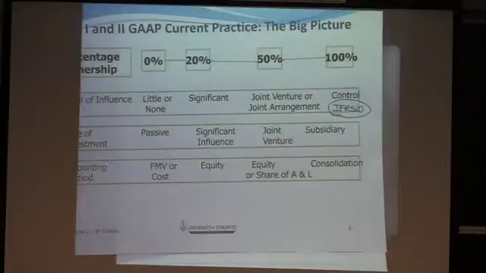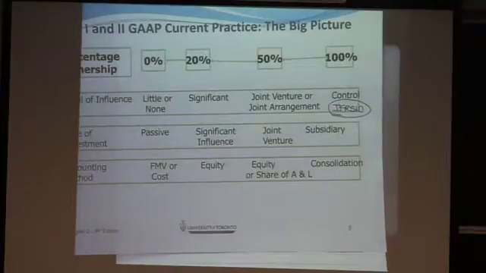So in essence, a company could hold less than 50% and still have control. In other words, if they own less than the majority of voting rights, as long as they have the practical ability to unilaterally direct the activity that significantly affects its returns.